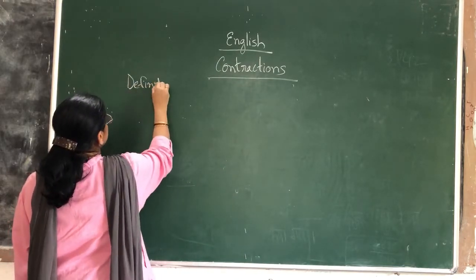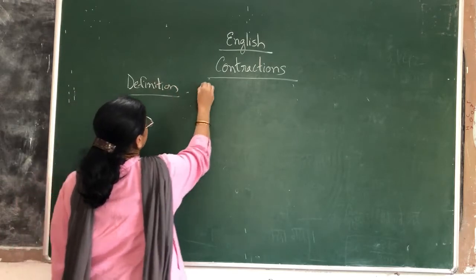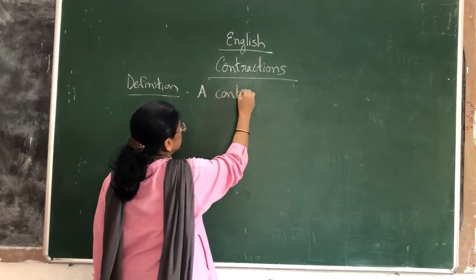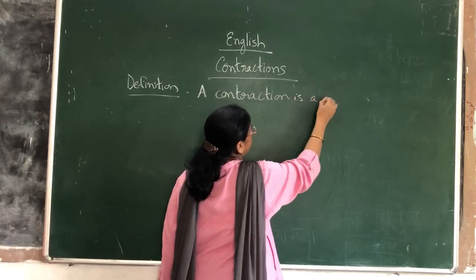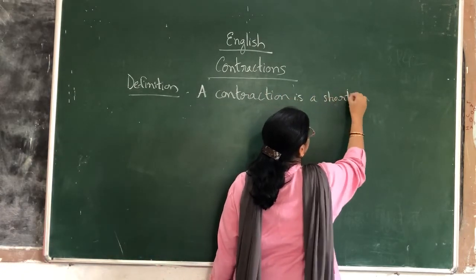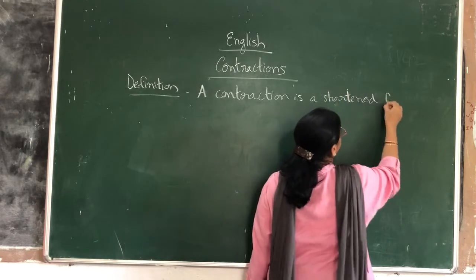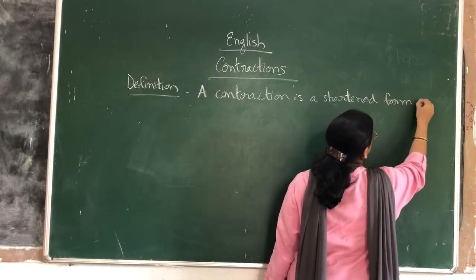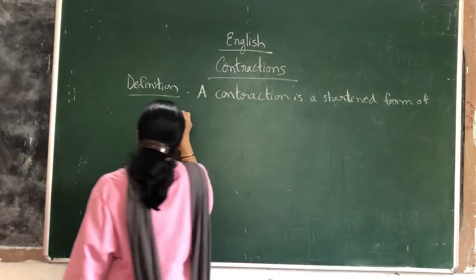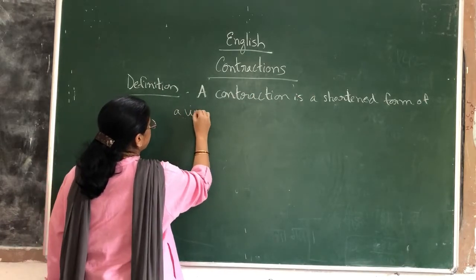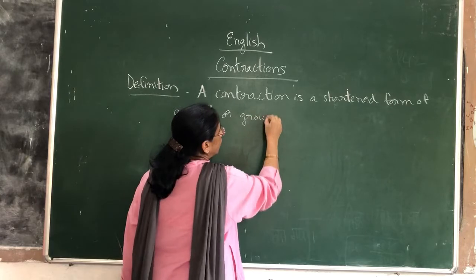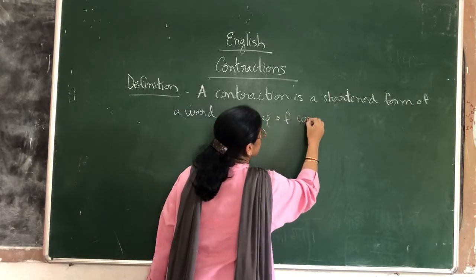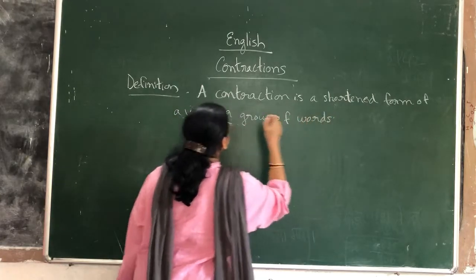Okay, definition is: a contraction is a shortened form of a word or group of words. So how is this formed?